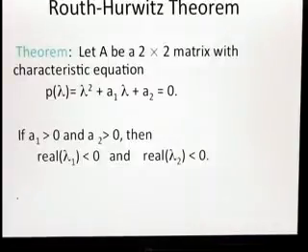Okay? I have differential equations and stability in mind, so I want to know what are conditions on A1 and A2 to ensure that the eigenvalues have negative real part.